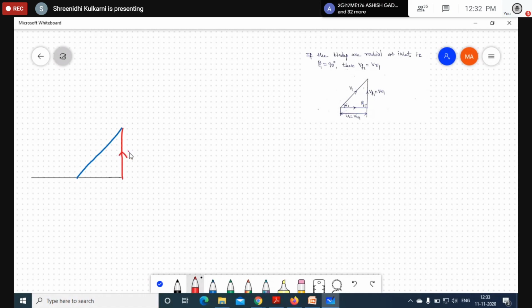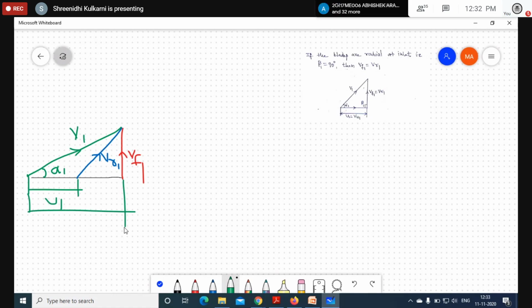This I'll call VF1, this I'll call VR1, and this is alpha 1, the absolute velocity. From this distance, I'll call it U1. From here to here, I'll call it VU1. And this angle is beta 1.